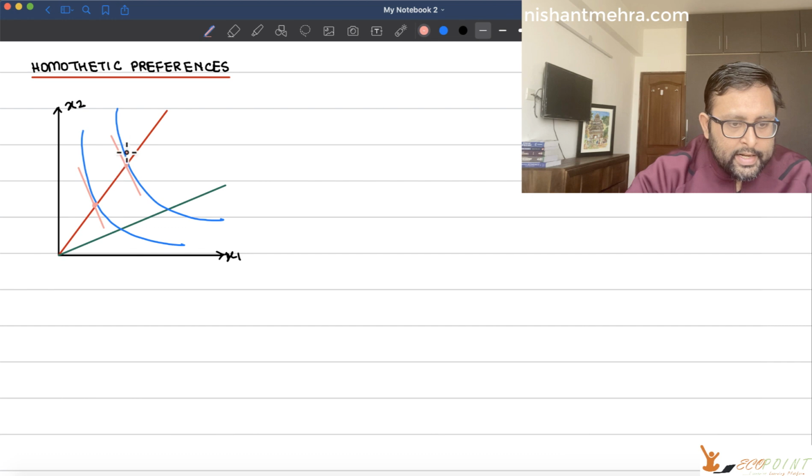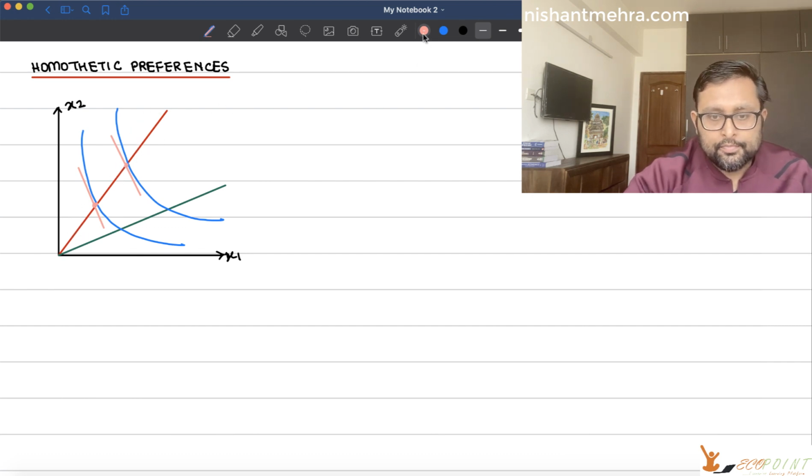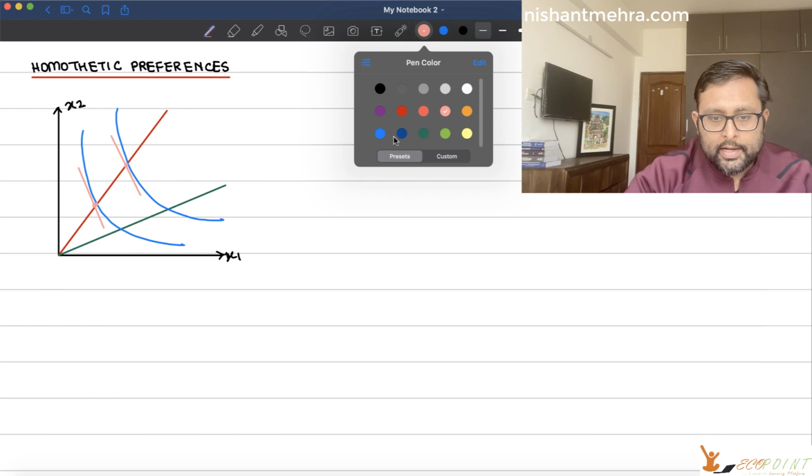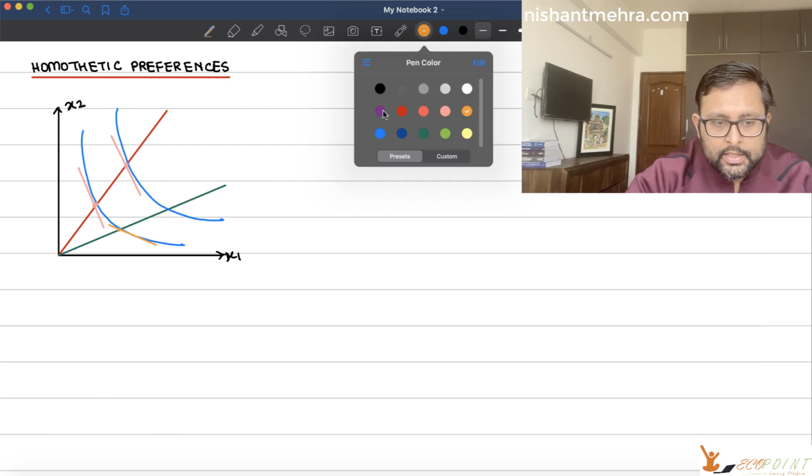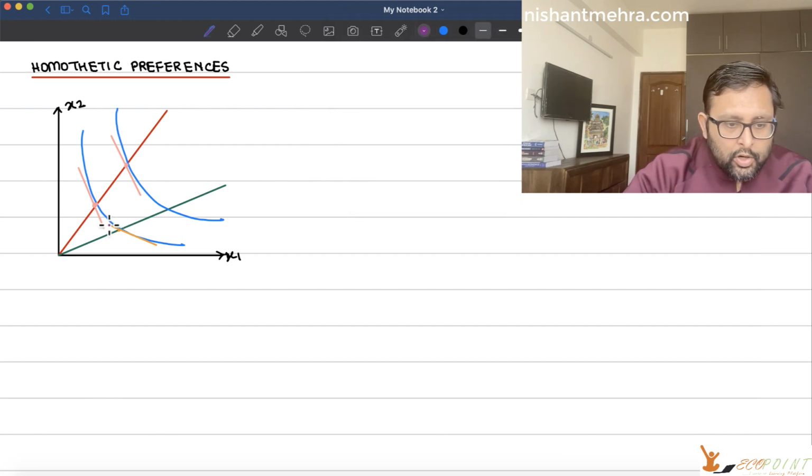So along this red line through the origin, the slope of the indifference curve is same, and along this green line through the origin, the slope of the indifference curve is same.